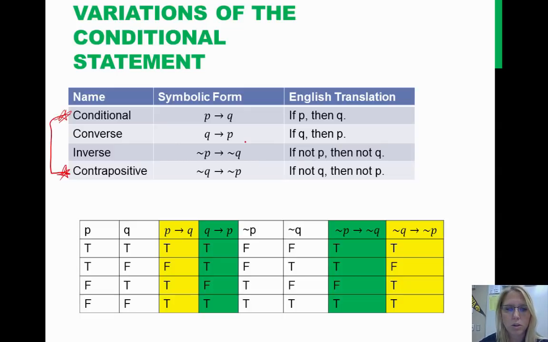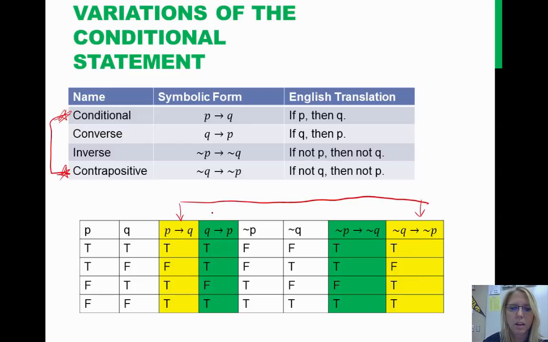Now, one of the things I want you to notice is that I made a table down below with the outcomes of each of these. Notice that P, then Q is true, false, true, true. And then over here, I have the contrapositive, and that is also true, false, true, true. And I had already told you that they're equivalent.